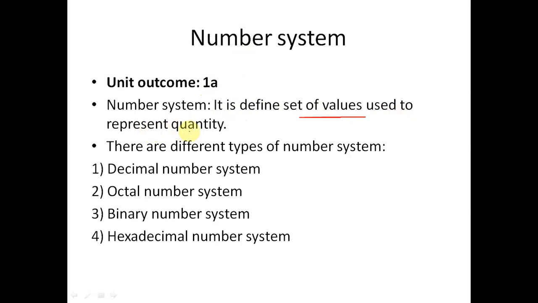It is nothing but, in day to day life we use 0, 1, 2, 3, 4, 5, 6, 7, 8, 9, 10, 11, 12. These numbers are used. But in digital technique, there are different types of number systems available, and these number systems are, first one the decimal number system, second one octal number system, third one binary number system, and fourth one hexadecimal number system.